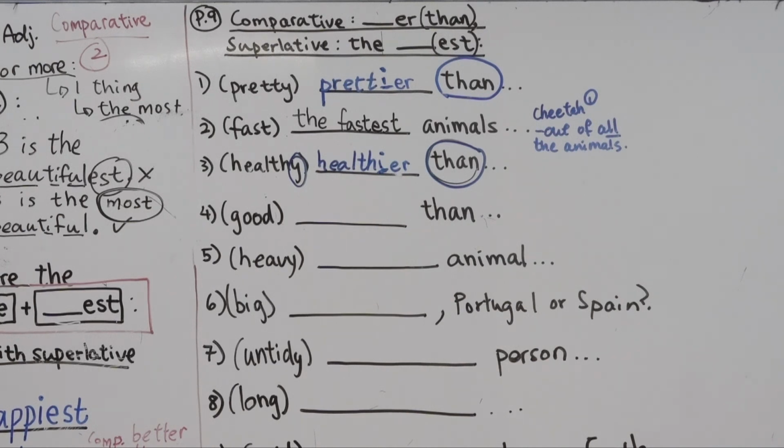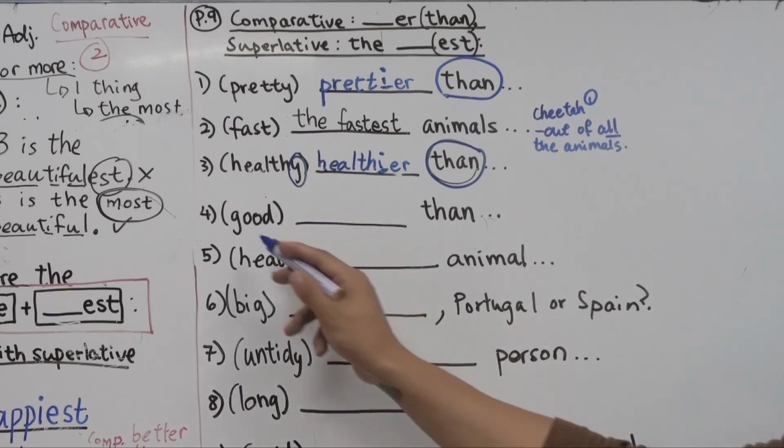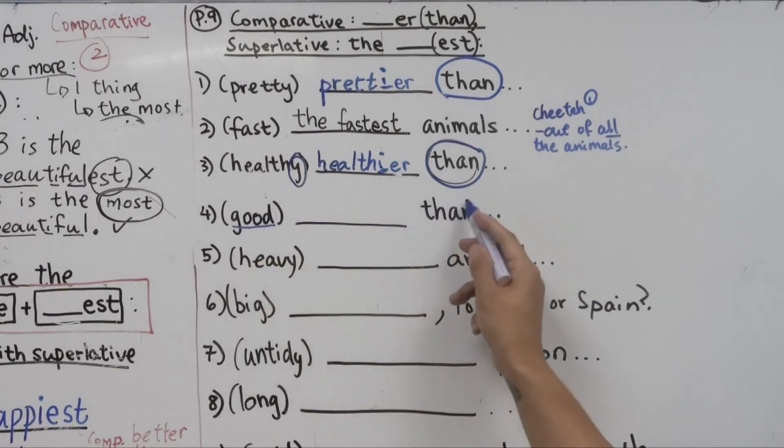Alright, for number 4, I'll give you 30 seconds to do it by yourself, and then we'll continue with 5 and 6. So for number 4, the word is good. Then we have the word than.